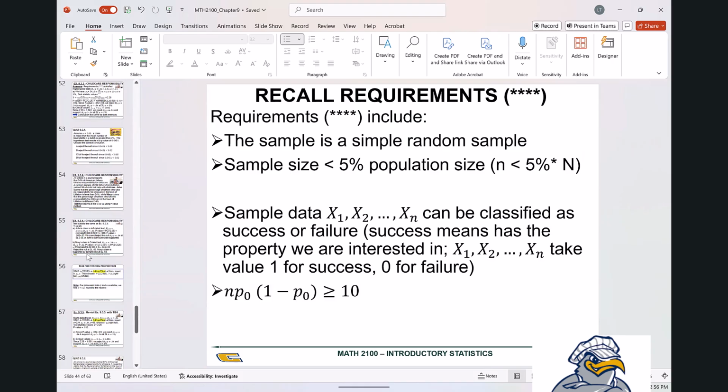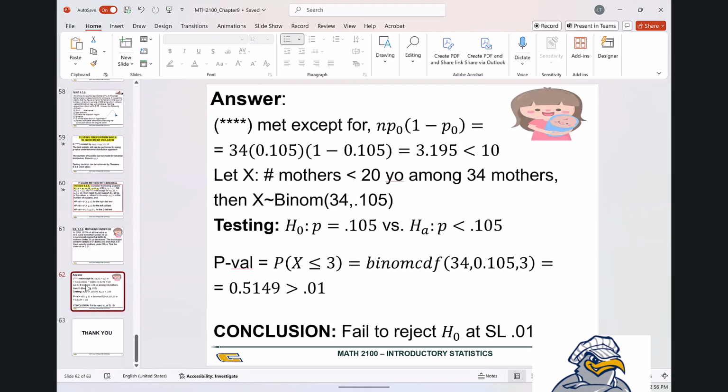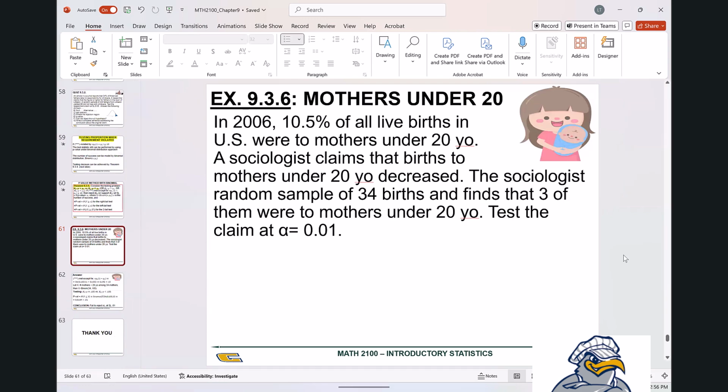So first I will set up the testing problem, then we'll check the condition. The HA you want to test here is p less than 0.105, because the sociologist thinks that births to moms under 20 decreased compared to the benchmark of 10.5%.